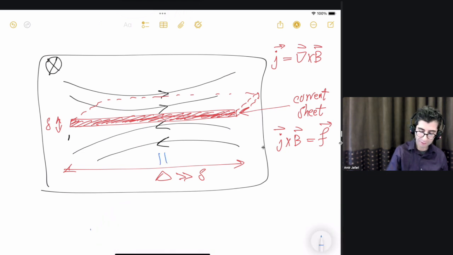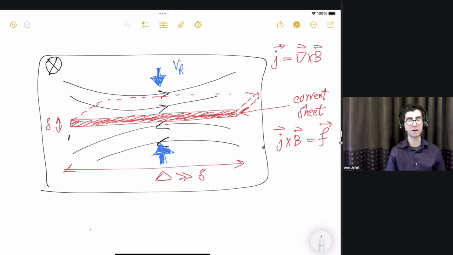The plasma and magnetic field lines, if you like, move in this direction and also in this direction in this simplified picture. But this is basically what happens with some velocity. Let's call it VR, reconnection velocity, VR.